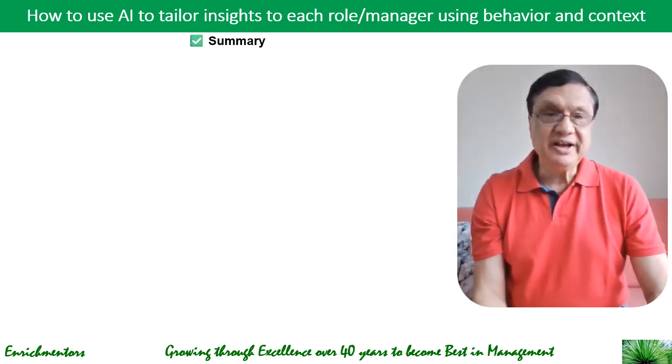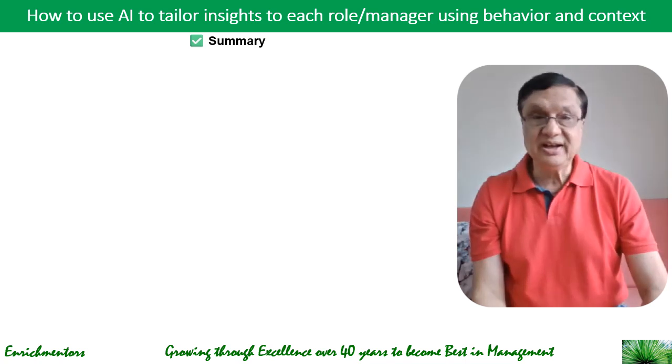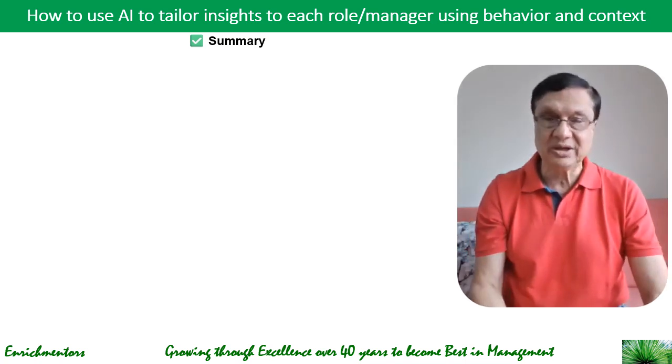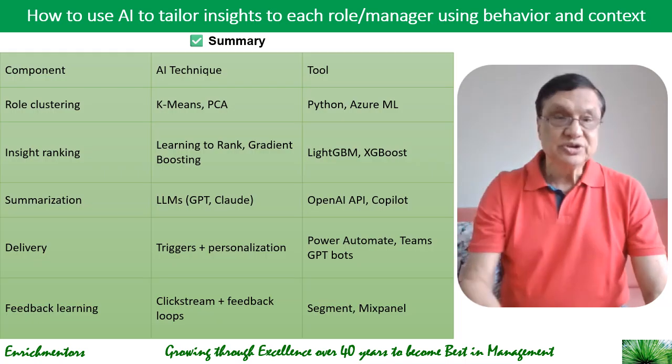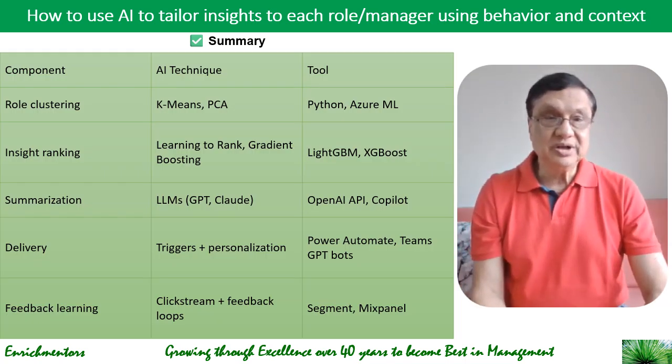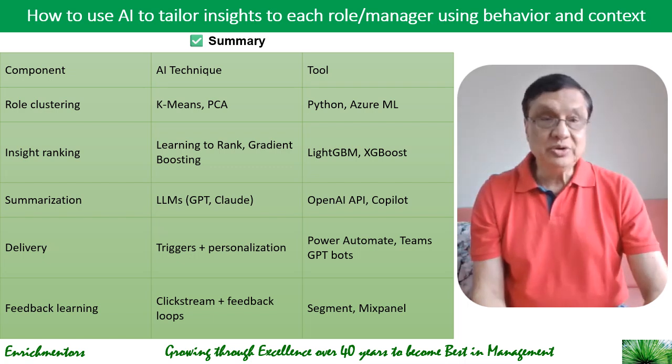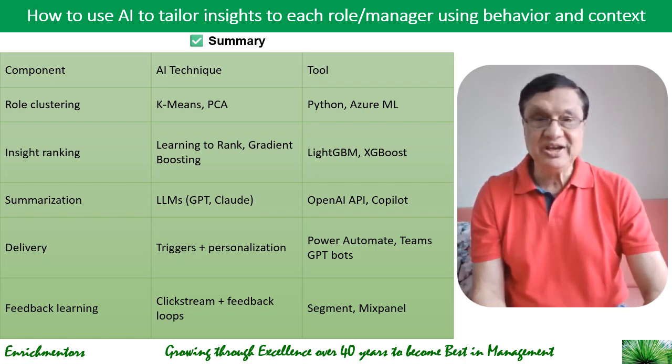So let us summarize how to use AI to tailor insights for each role and manager using behavior and the context. There are various components, techniques, and tools. You need to use role clustering by using K-means and PCA, using tools like Python and Azure.